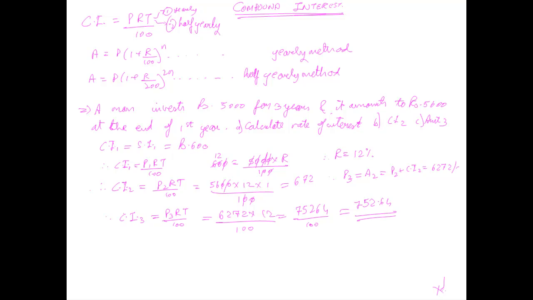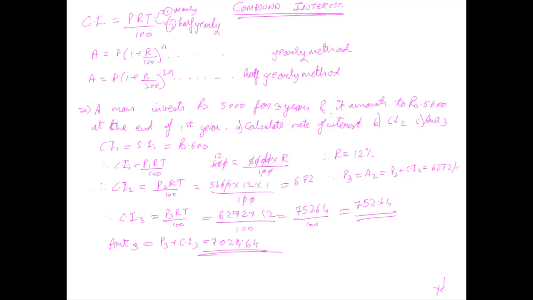And children, to this we add the principal, that's 6,272, to give us the amount at the end of 3 years, principal 3 plus CI3, which on adding comes out to be 7,024 rupees 64 paise.